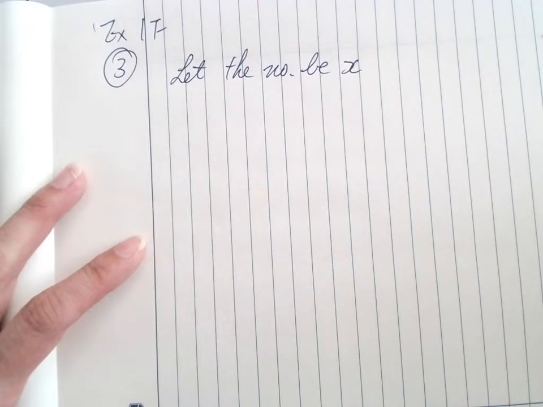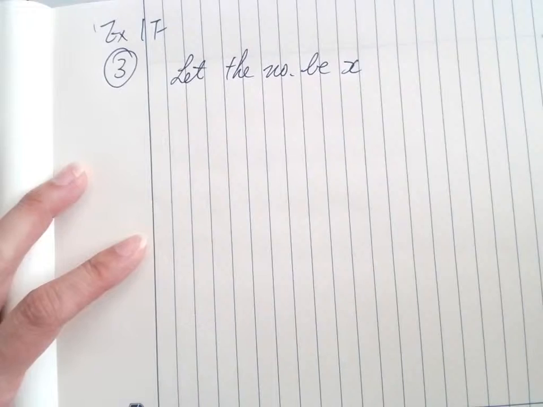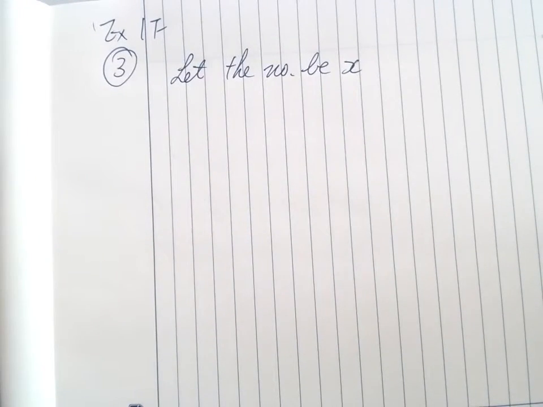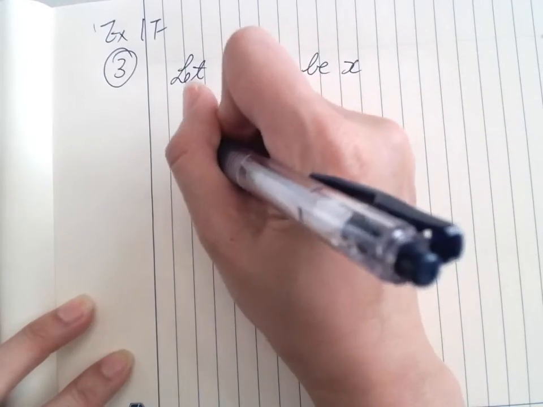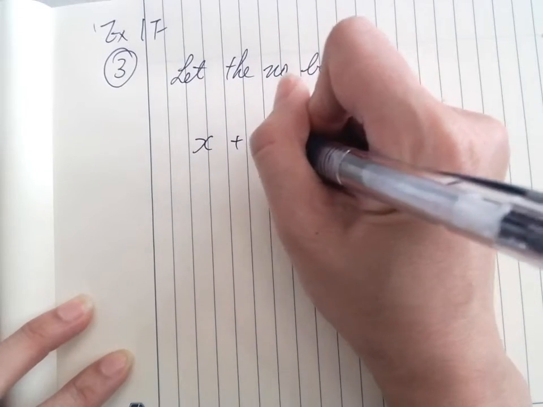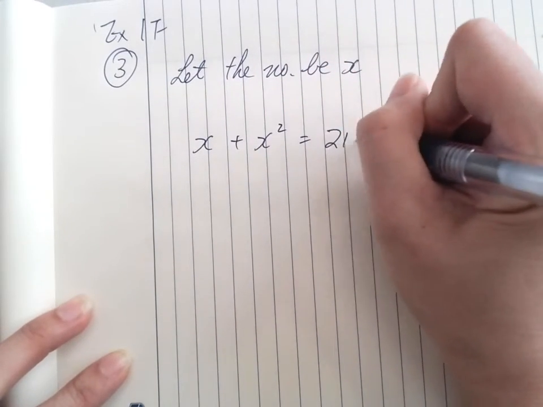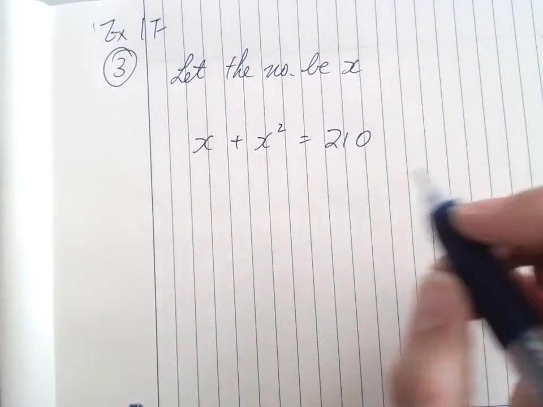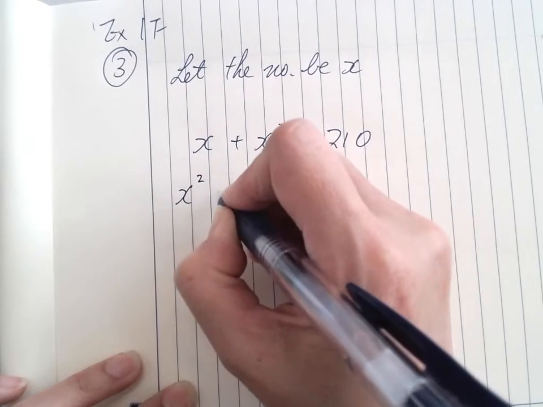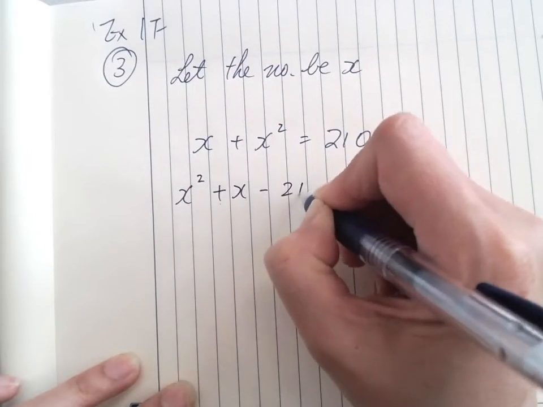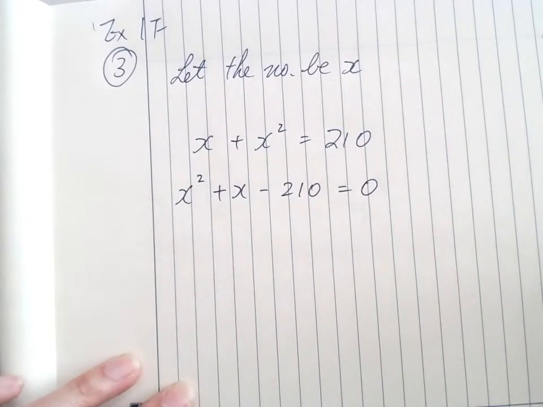So first of all, let the number be x, and then the other number is its square. So x plus x squared should equal 210. Rearranging it, we have x squared plus x minus 210 equals 0.